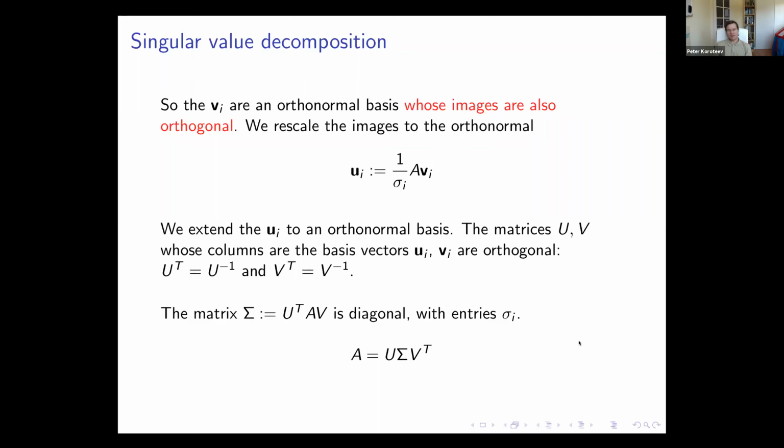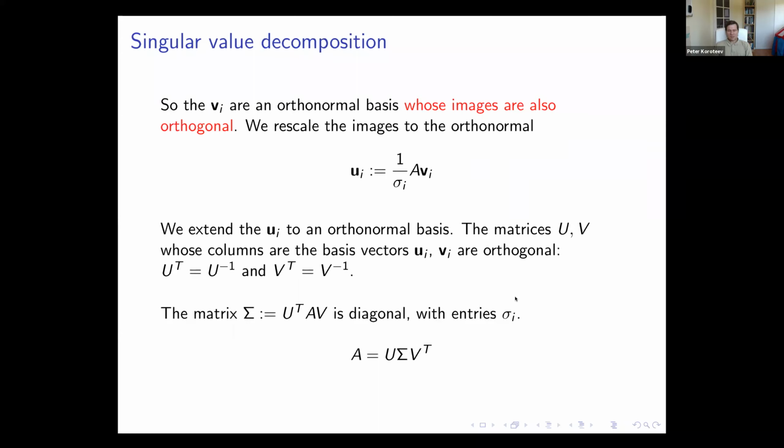And you can multiply by U on the left and by V transpose on the right, and then you'll get that A is equal to U sigma V transpose, right? So now sigma will be the matrix whose diagonal elements are those singular values.